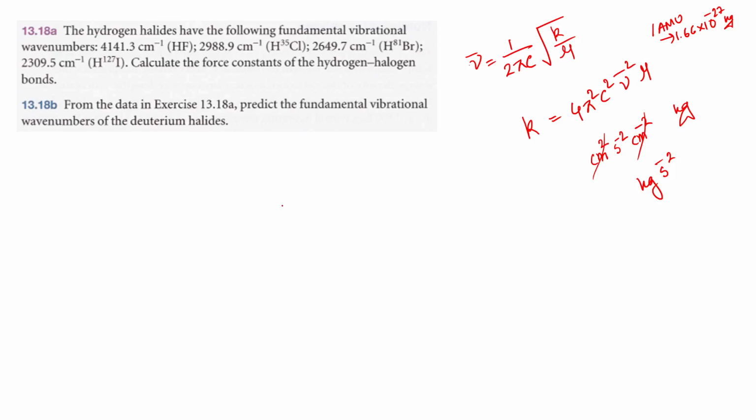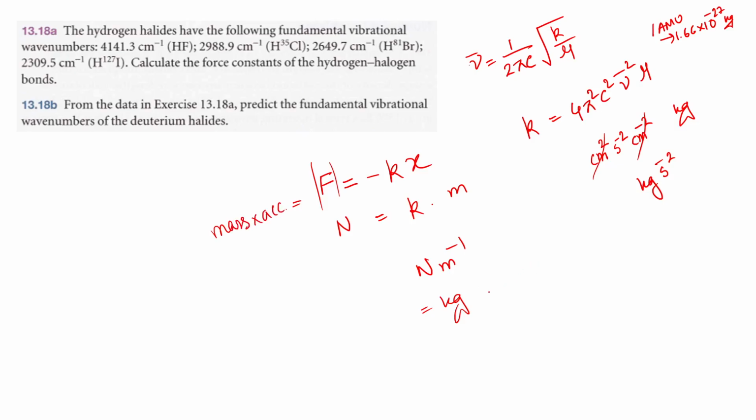The other way to see it: your force is given by minus kx, right? Displacement times force constant. Let us take the modulus of this force. If we are discussing only the unit, this is Newton. We don't know the unit of force constant yet. We know meter, so Newton per meter. Newton is, as we told you, mass into acceleration, so Newton is kg meter second minus 2.